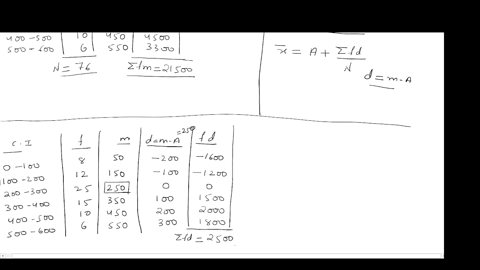So this is the total. As per the formula, I have taken A as assumed mean 250. Summation FD I have calculated just now, I got 2500. N we have already calculated for the direct method, so I am writing directly here. N is the total of frequency, that is 76.